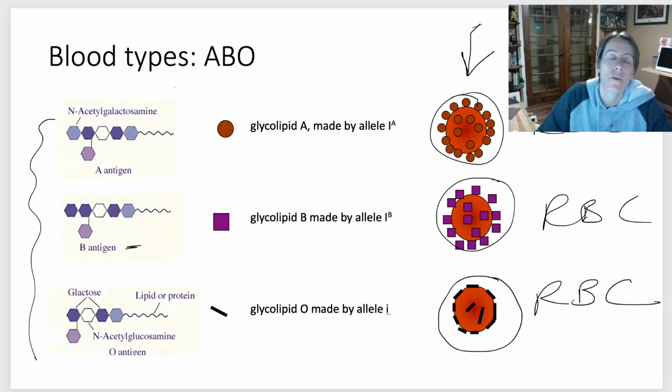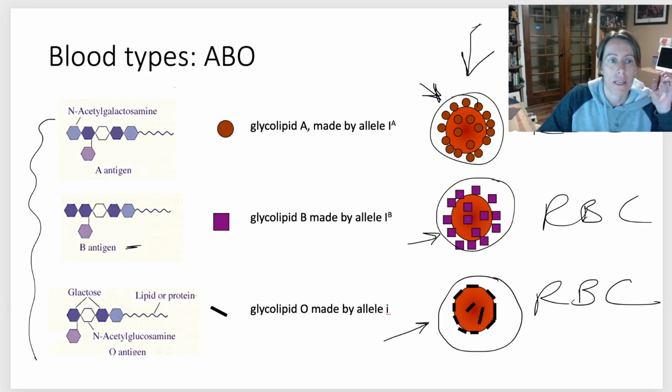All right, so this person, if they went to take a blood test, it would come back and say they are type A blood. This person would come back as type B blood, and this person would come back as type O blood. That's what the blood typing is looking for. It's trying to detect which of these decorations do you have on the surface of your red blood cells.